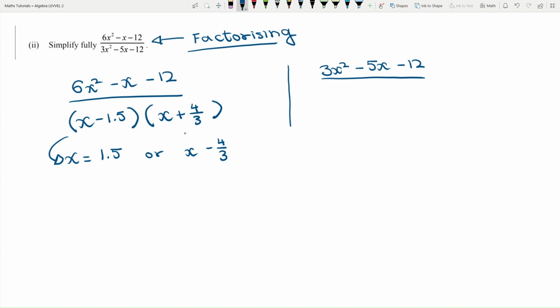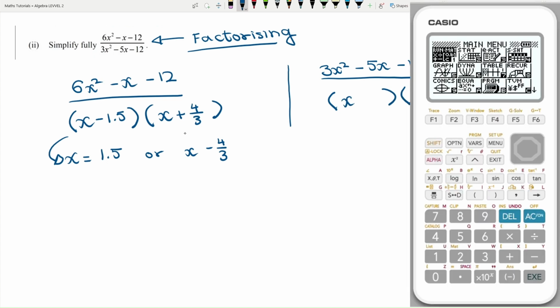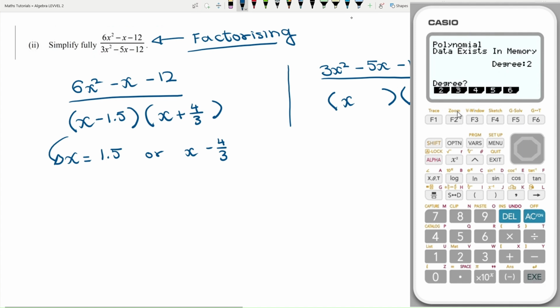So let's go on to our second part. Just going to write that down. So we're back in our calculator. Let's go to equation to get the x-intercepts for the second equation.